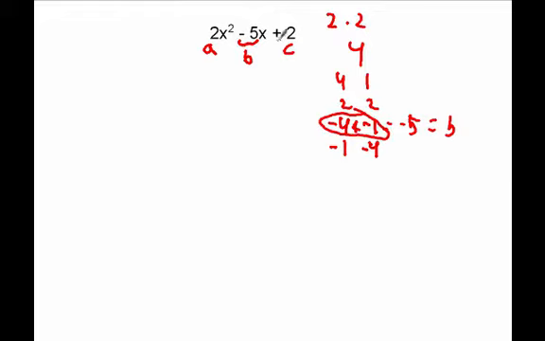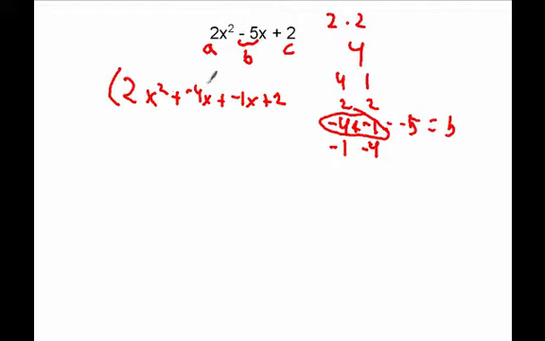So I'm going to go back and rewrite my expression as 2x squared plus negative 4x plus negative 1x plus 2.